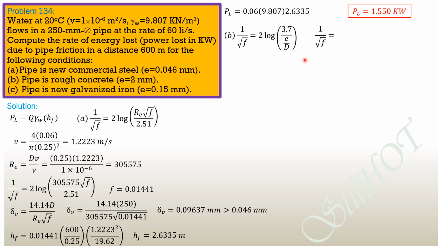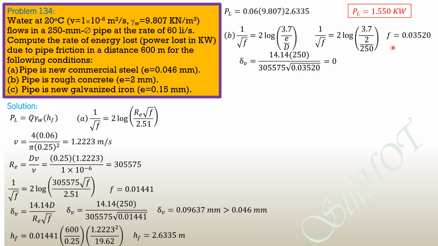So 1 over square root of f equals 2 log of quantity 3.7 over 2 mm over 250 mm. So computing for f is 0.03520. Then the thickness of the viscous sublayer, just to verify, although it's obvious that the pipe behaves as fully rough, 14.14 diameter over Reynolds number square root of friction factor.